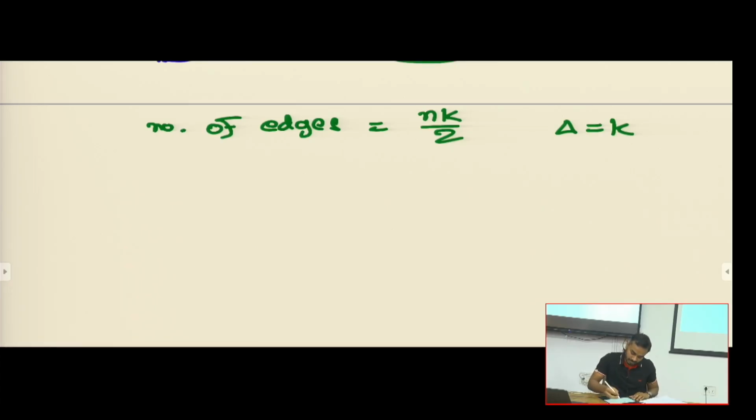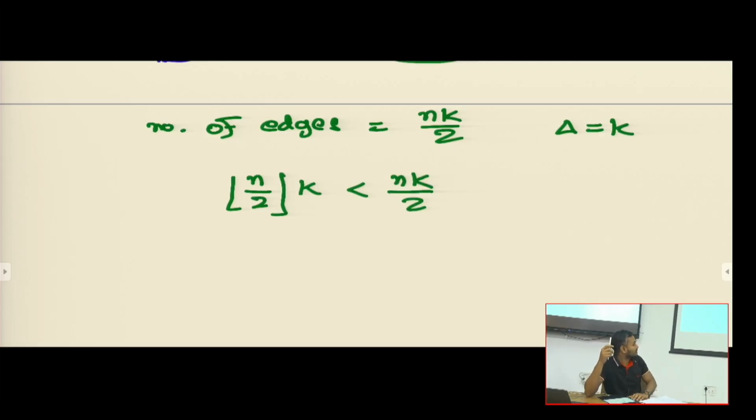That means one color class should contain at most floor of n by 2 edges. But if you multiply this with k, that will be strictly less than nk by 2. So all the edges might not be covered. This is the half line which I wanted.